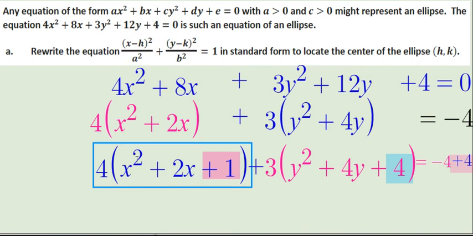Now that these are perfect square trinomials, I can write them as a product of squares.